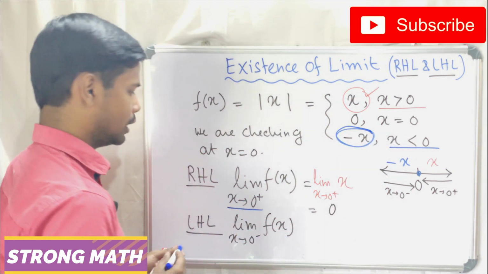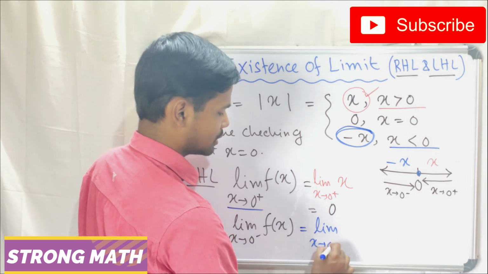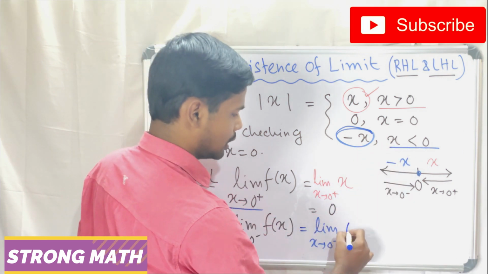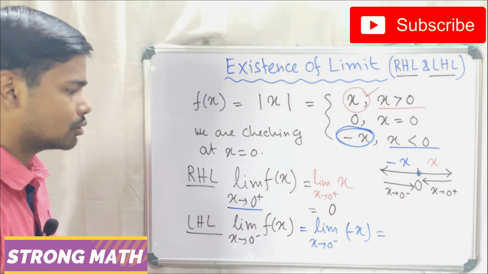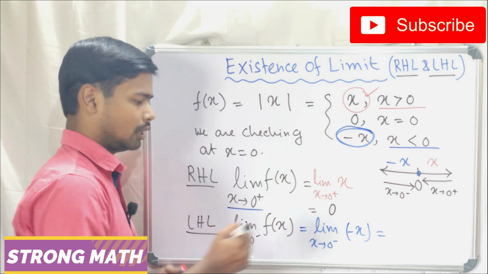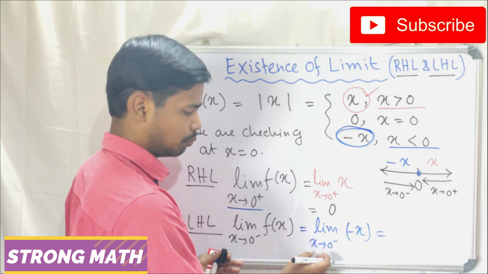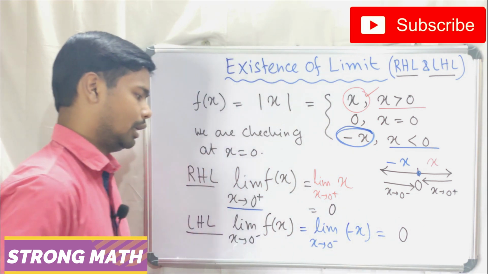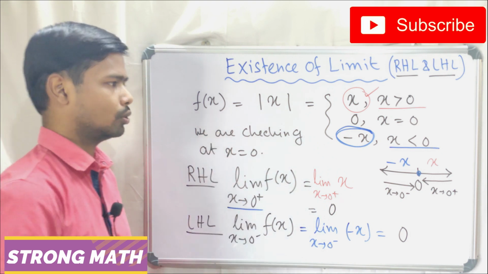So here we will write limit x tends to 0 minus, and value of the function in this portion is negative x. Now value of x here is also 0. The negative sign indicates the direction only. So value of x we have to put 0 here. Minus 0 is 0. Now look, the left hand limit is 0. The right hand limit is also 0.